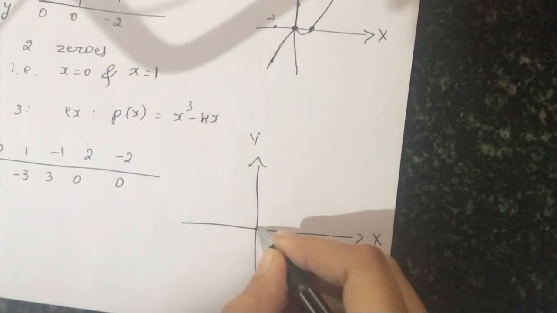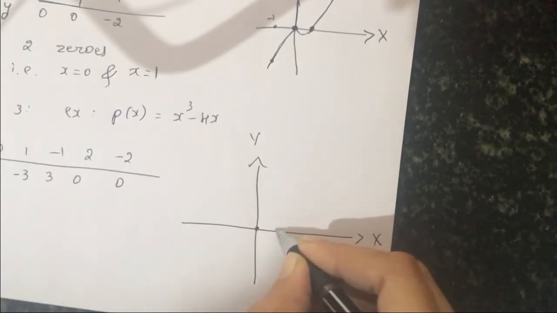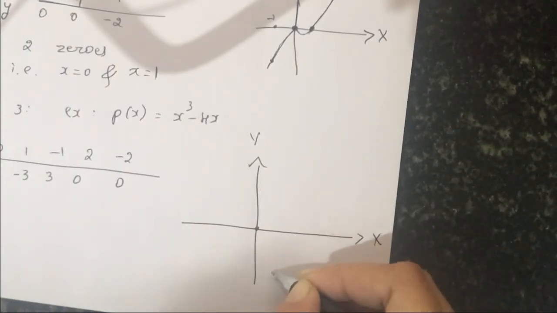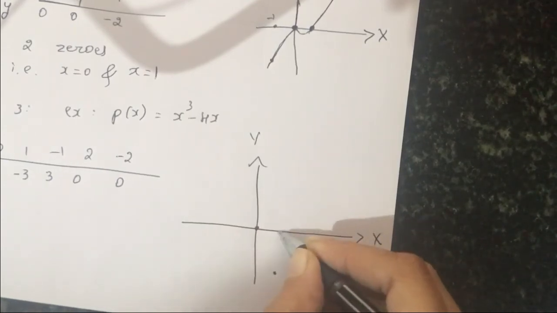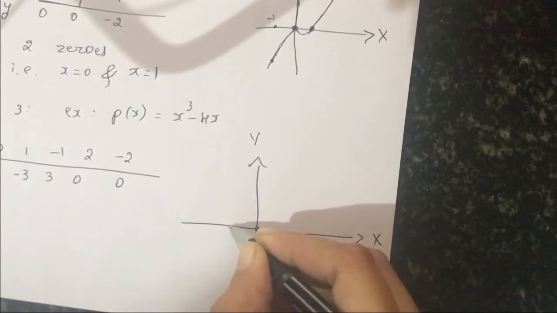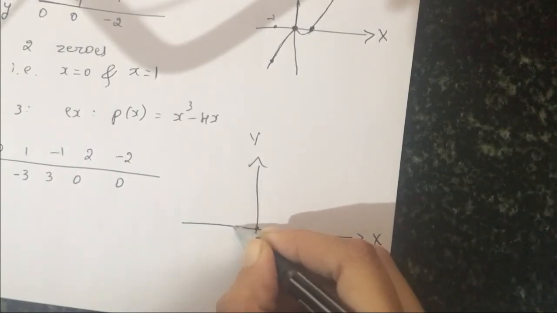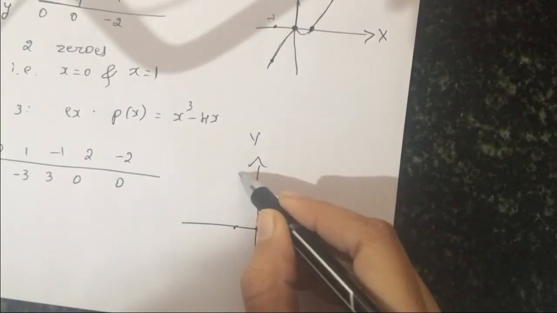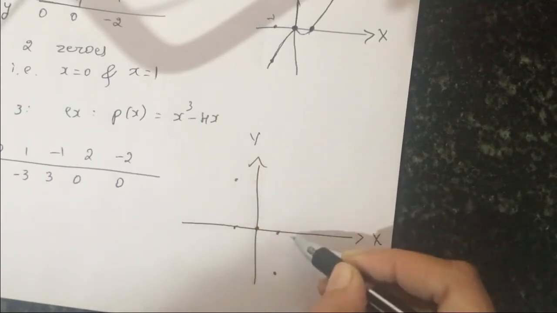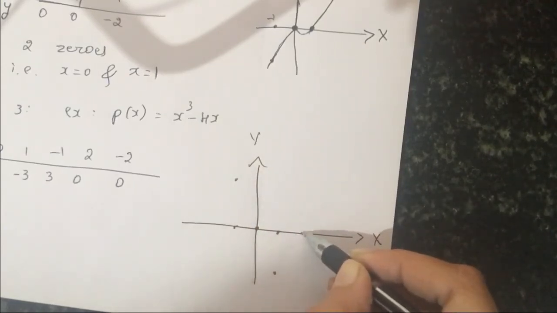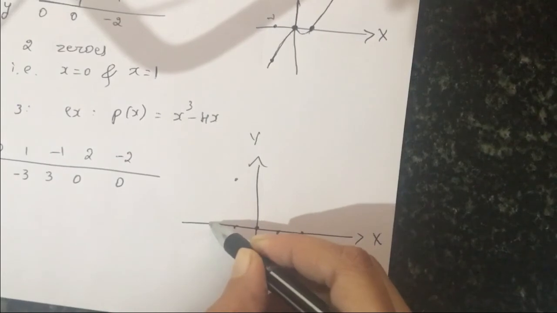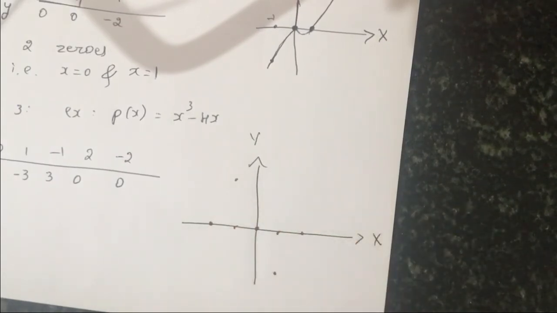Okay, now when x is 0, value of y is 0. When x is 1, y is minus 3, somewhere here. When x is minus 1, it is 3. When x is 2, value is 0. When x is minus 2, y value is 0.